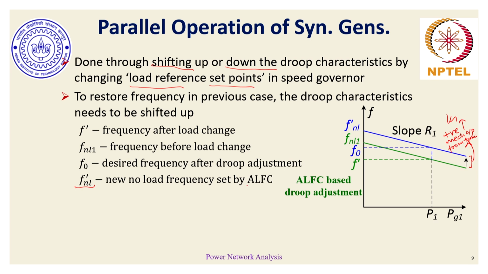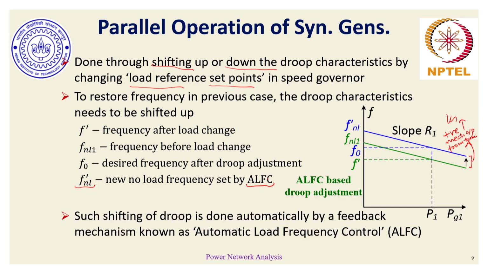and a very interesting control loop, which is in short known as ALFC. ALFC stands for Automatic Load Frequency Control or Automatic Generation Control, also known as AGC. So, this control loop in itself has its own detailed discussion involved, which unfortunately in this particular course we will not be able to cover or discuss.